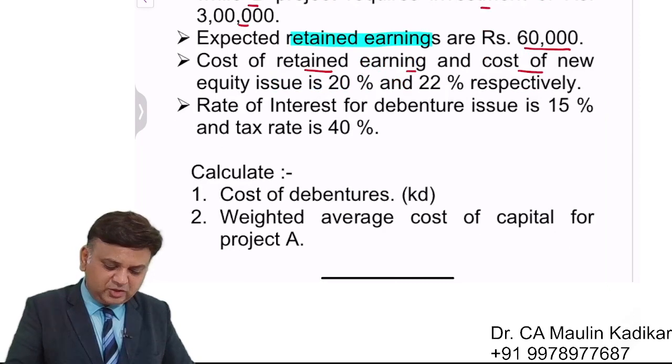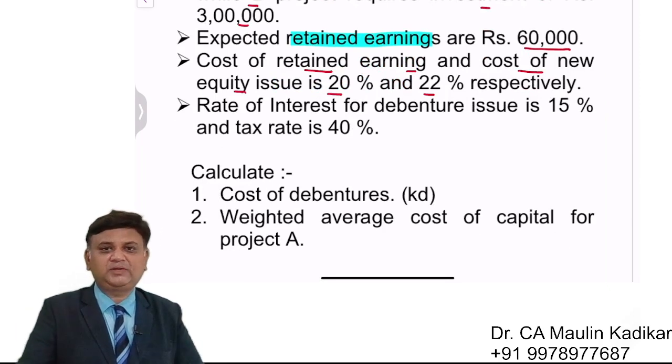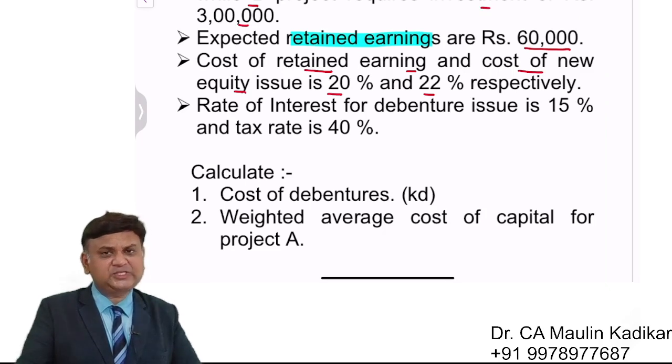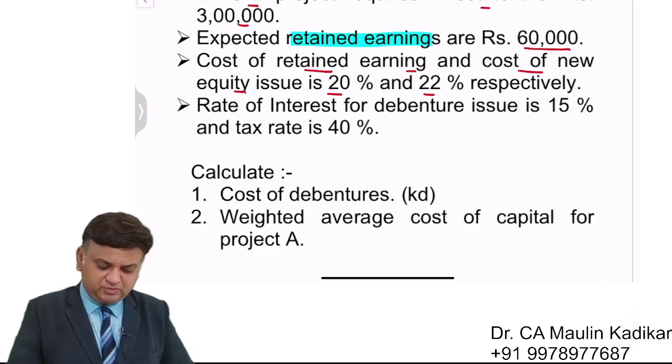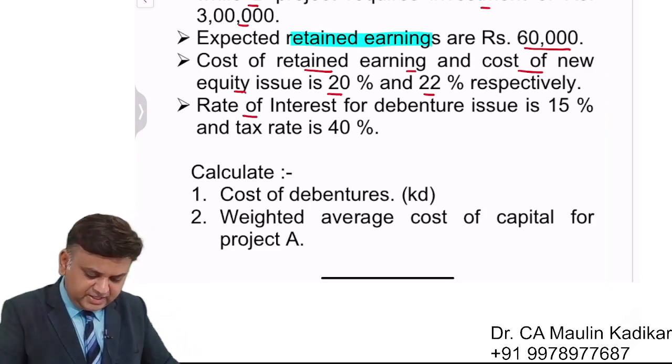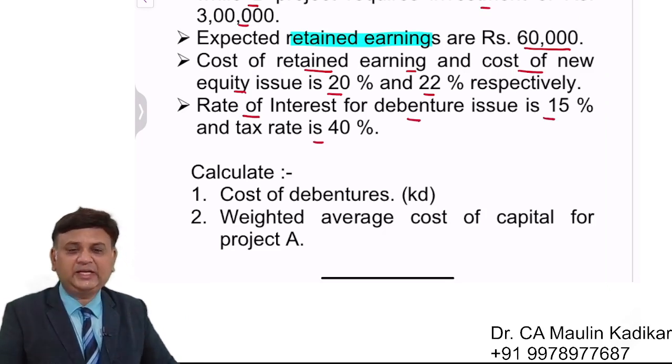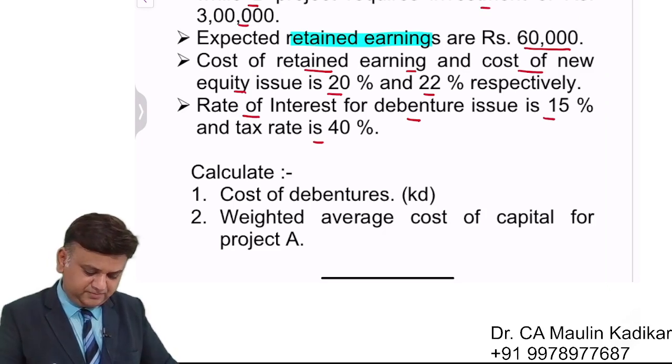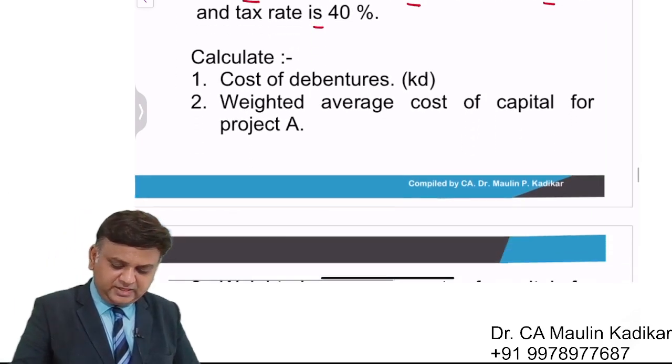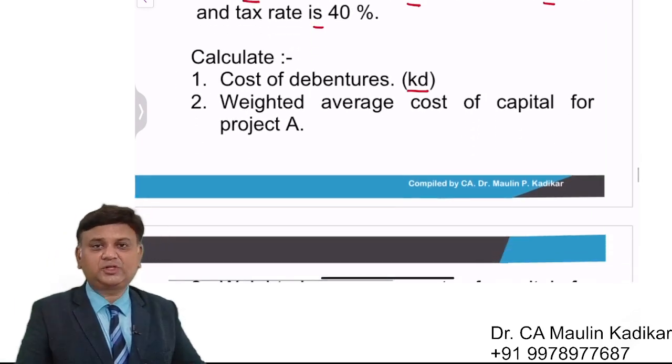Cost of retained earning and cost of new equity issue are 20% and 22% respectively. So Kr is 20 and Ke is 22. Rate of interest for debenture issue is 15% and income tax rate is 40%. Calculate Kd. Kd stands for cost of debenture.